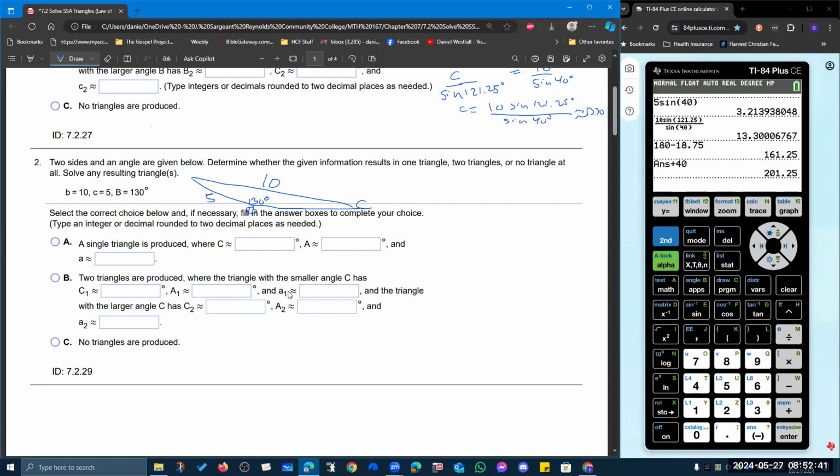This is B, this is A, like this. And so we're going to first see if this actually makes a triangle.